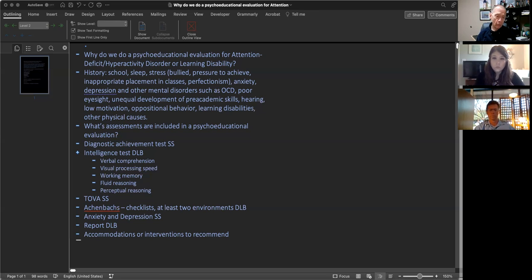We might also vary the particular battery of tests from time to time if we discover some other things that we need to measure. Sometimes we need to rule out some specific things like obsessive compulsive disorder or bipolar disorder.